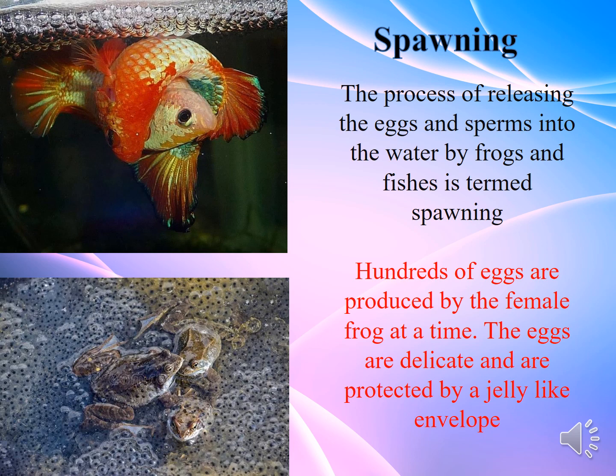These eggs are comparatively delicate and are protected by a very thin jelly-like envelope. Now, the male frog will come and deposit its sperms over the eggs. The sperms and ovum come together and fertilization is effected.